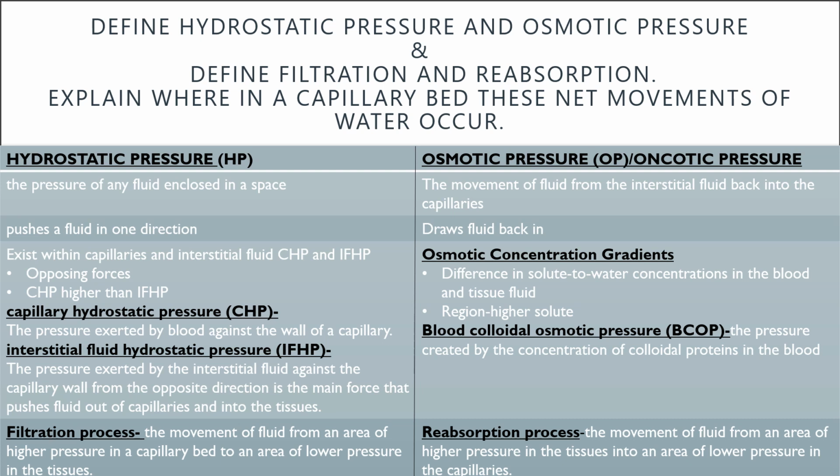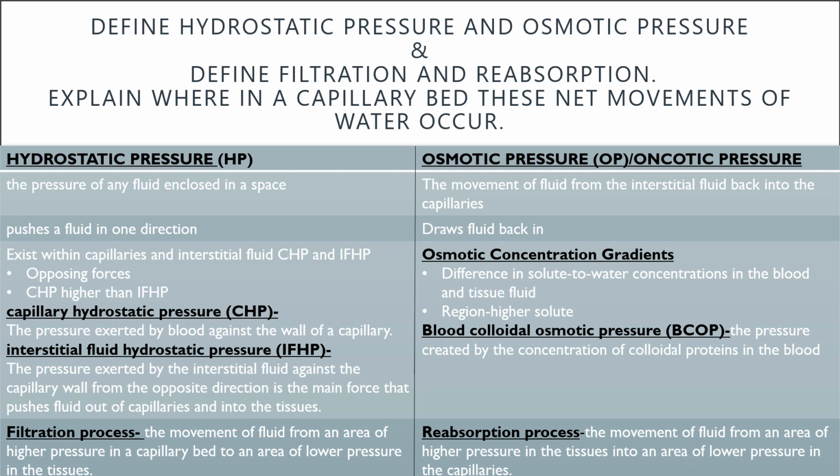CHP is the main force that pushes fluid out of capillaries and into the tissues. As fluid exits a capillary and moves into tissues, the hydrostatic pressure in the interstitial fluid correspondingly rises. However, CHP generally is considered higher than the IFHP because lymphatic vessels are continually absorbing excess fluid from the tissues.